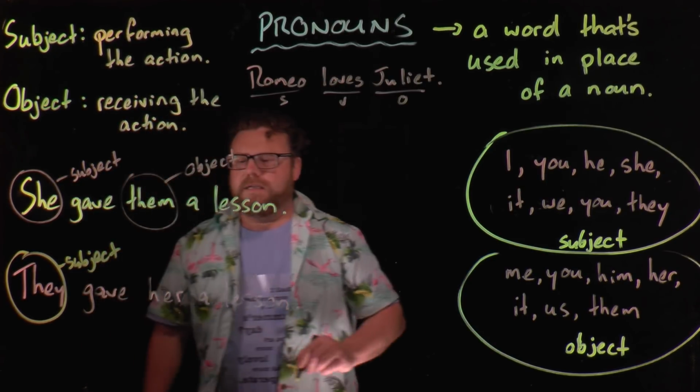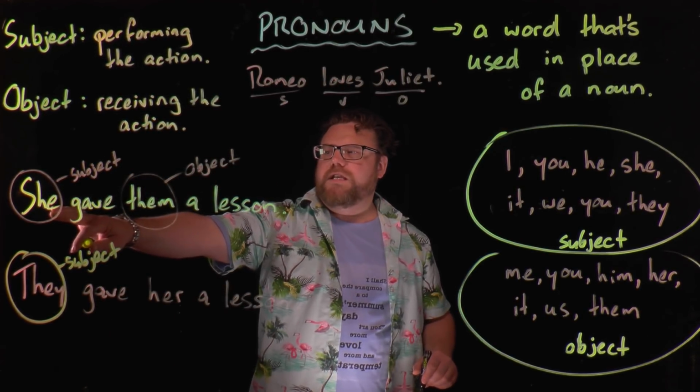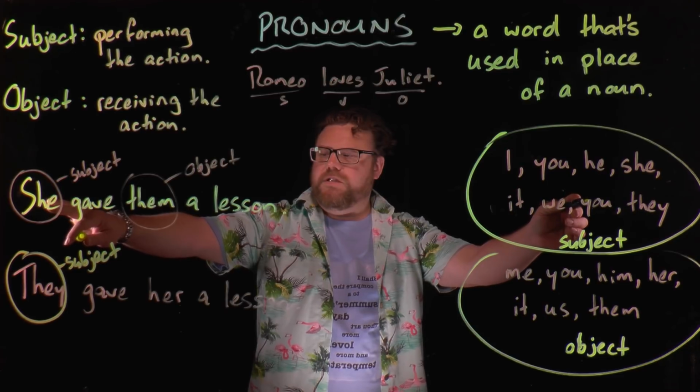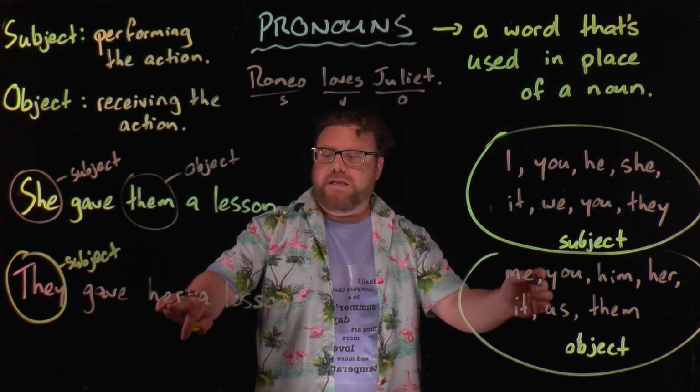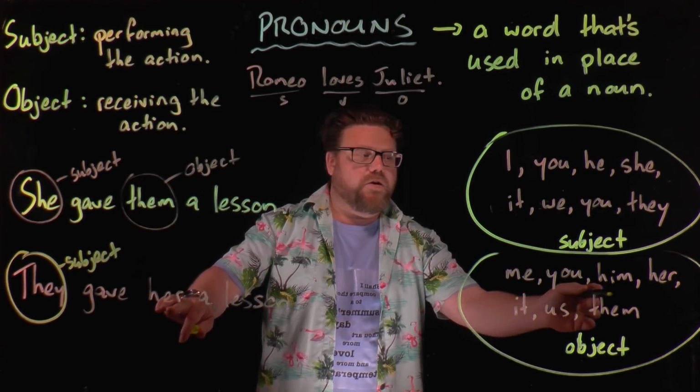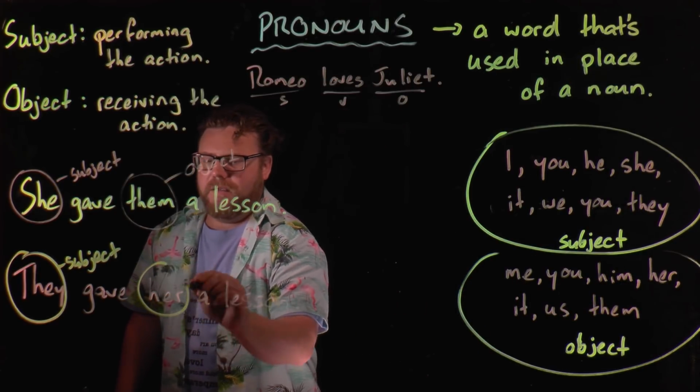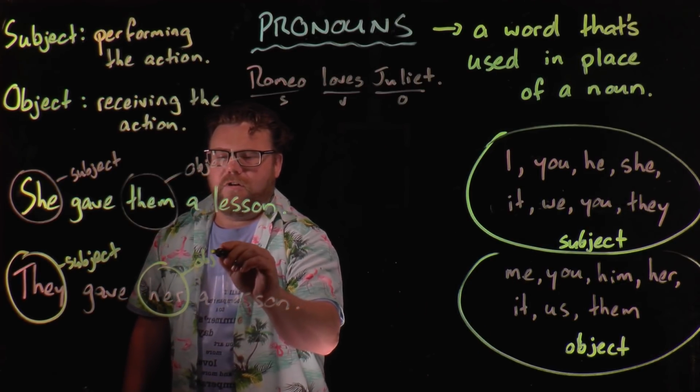And likewise, this personal pronoun she has gone from being in the subject position to the object position, receiving the action, and so we have to pick from this list and use her because it's now an object.